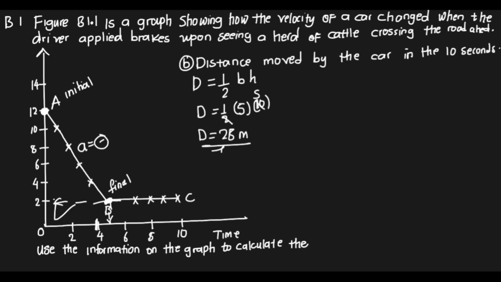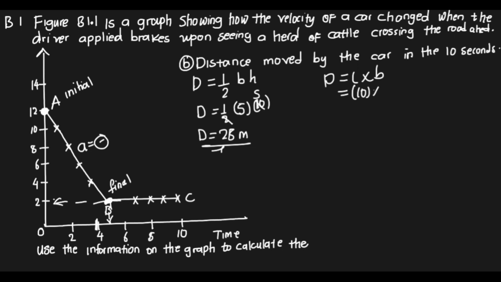Now we need to find this distance here. So this is giving us the shape of a rectangle. So the distance for a rectangle is L times B. So the L is this longest distance here. Then our B will be this distance here. Okay, so let's look at the L. The L is from 0 up to 10 here. So we have the length of 10.